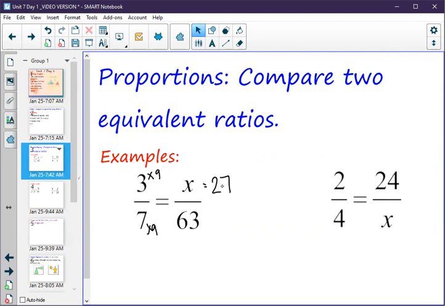If you reduced 27/63, you would get 3/7. Similar thing in the second example, 2/4 equals 24/x. I knew 2 times 12 is 24, so if I take 4 times 12, I'm going to get x is 48.